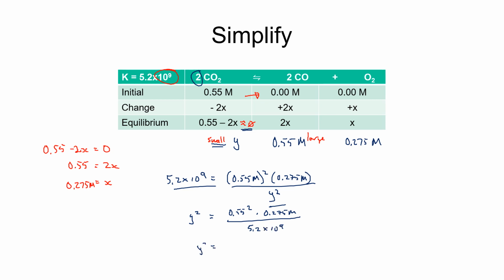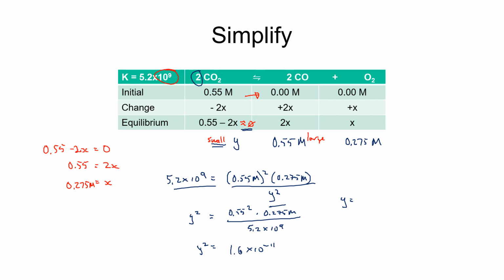And what does that come out to? So 0.55 squared times 0.275 divided by 5.2 times 10 to the 9th equals, well, a teeny number, 1.6 times 10 to the negative 11, which makes y equal to the root of that.